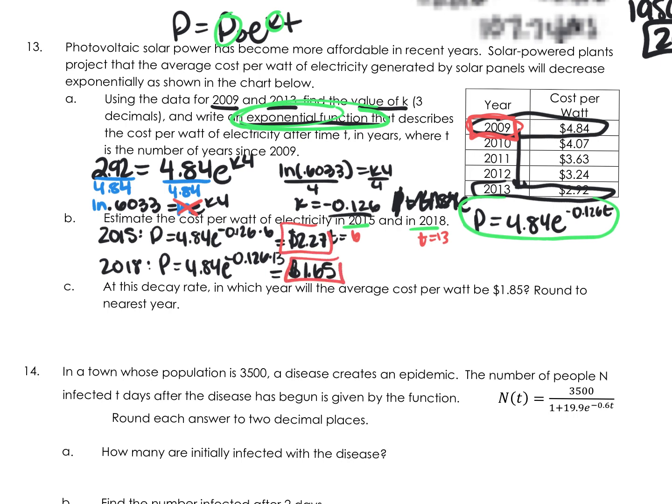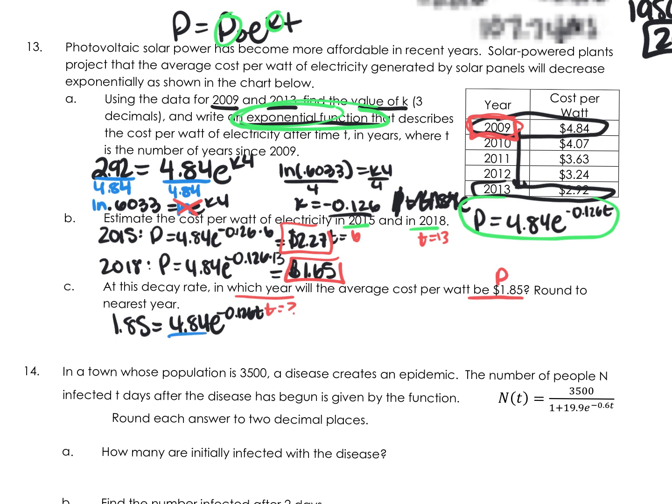And then part C says, at this decay rate, in which year will the average cost be 1.85? So now we're asking for P, and we want to know in which year, so we're looking for t. We'll put 1.85 in for P and we're trying to find t.